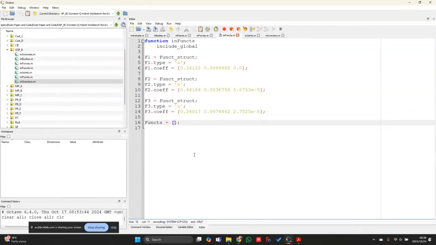So now I don't have to define the functions anymore, I just group them together in a list. So f1, f2, and f3.